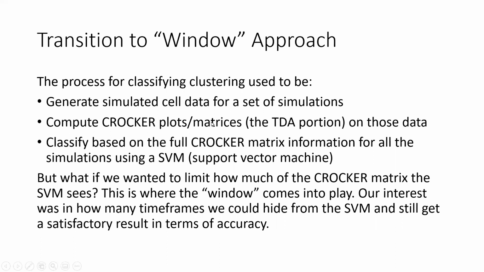We thought of taking the full Crocker matrix information and limiting how much the support vector machine sees of it, specifying a starting point and an ending point that aren't necessarily the start and end of the full Crocker matrix, so an intermediate window in between.